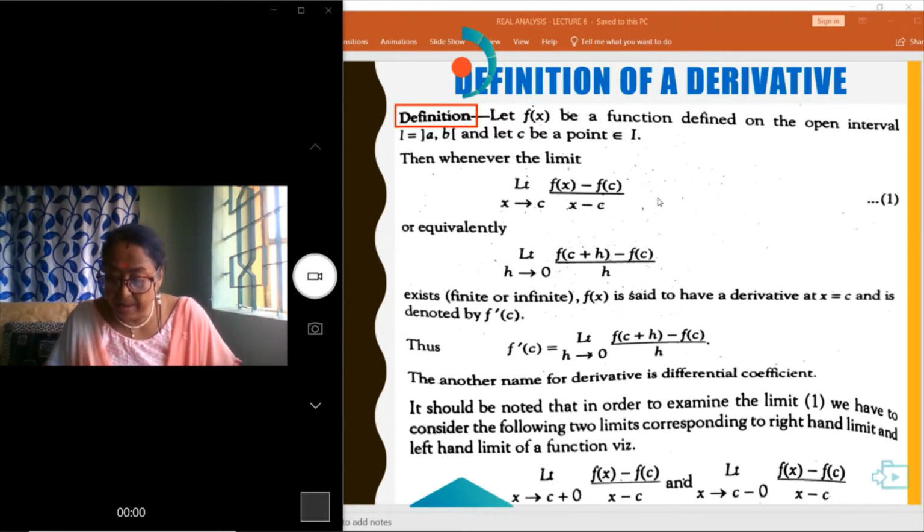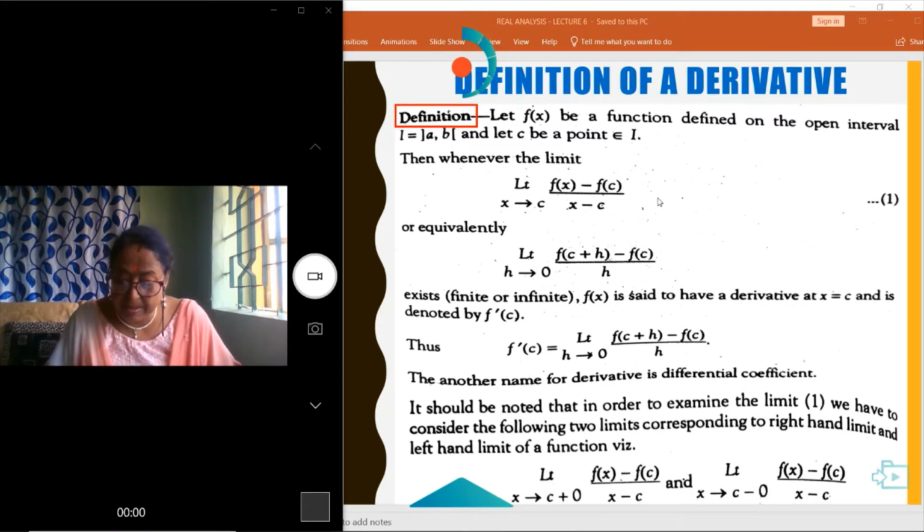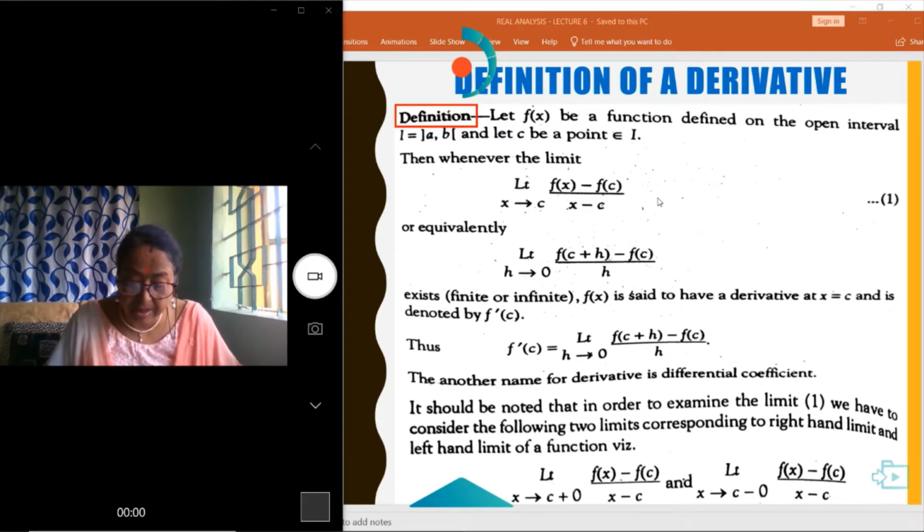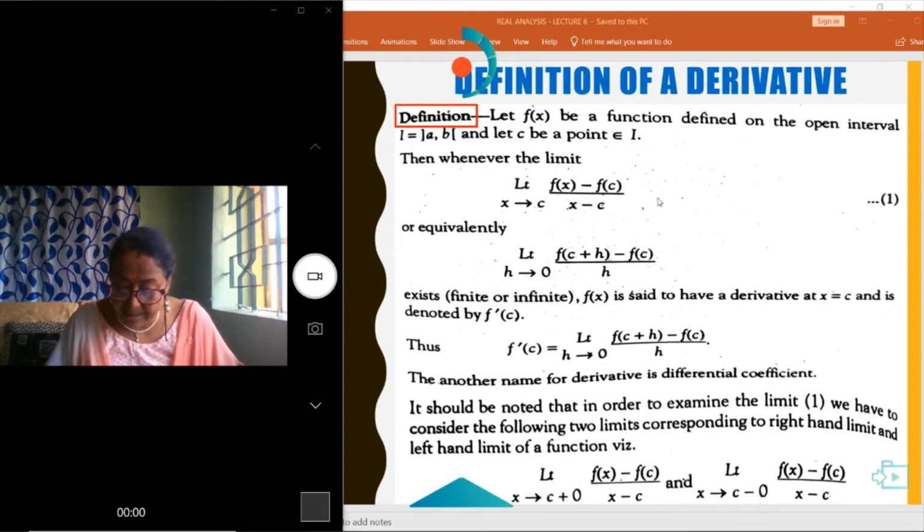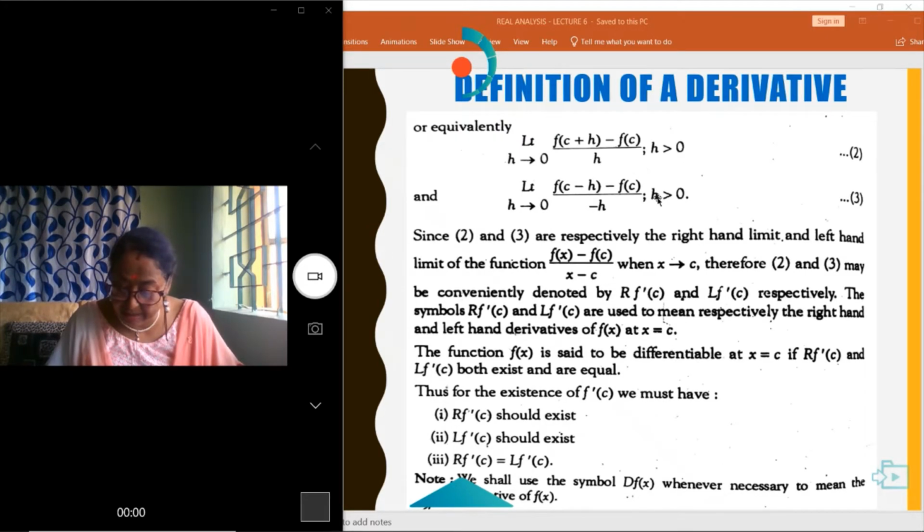Now, the limit as x tends to c plus 0 of (f(x) minus f(c)) divided by (x minus c), and the limit as x tends to c minus 0 of (f(x) minus f(c)) divided by (x minus c), are known as the right hand limit and the left hand limit of this. Now 2 and 3 represent the right hand limit and the left hand limit of (f(x) minus f(c)) divided by (x minus c) when x tends to c.